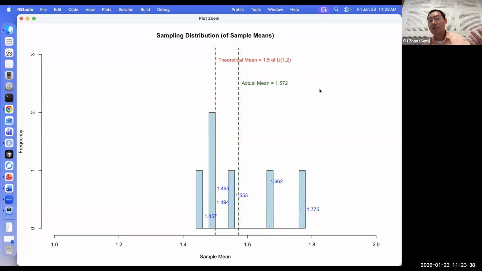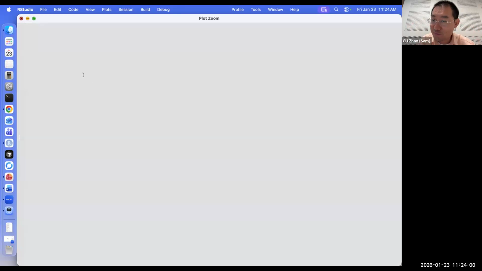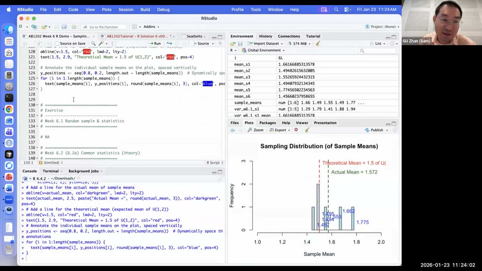This shows you the sample mean of the sampling distribution, of six samples with sample size five. The actual mean of this simulation is very close to the theoretical mean. So overall, it shows you that the central limit theorem is working.